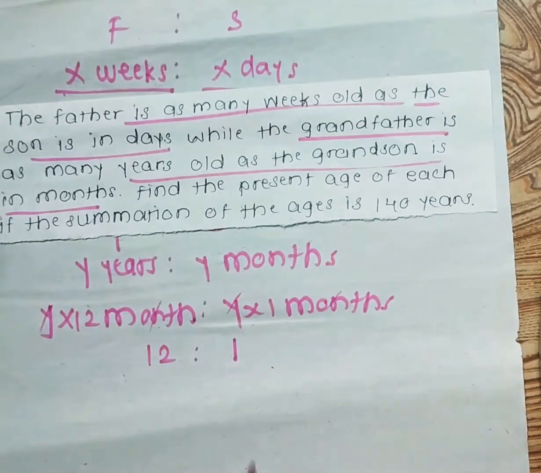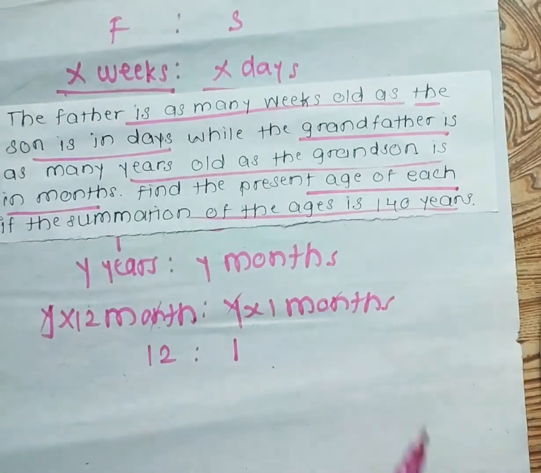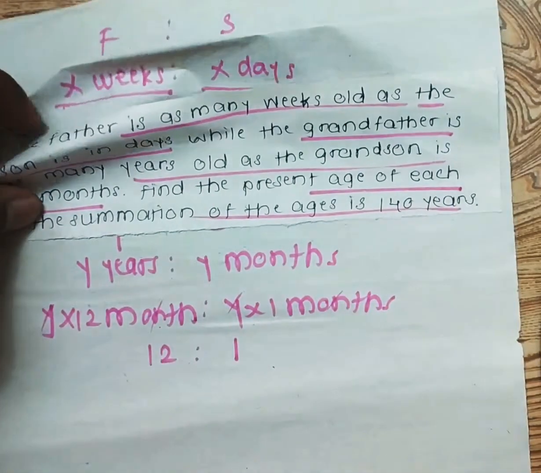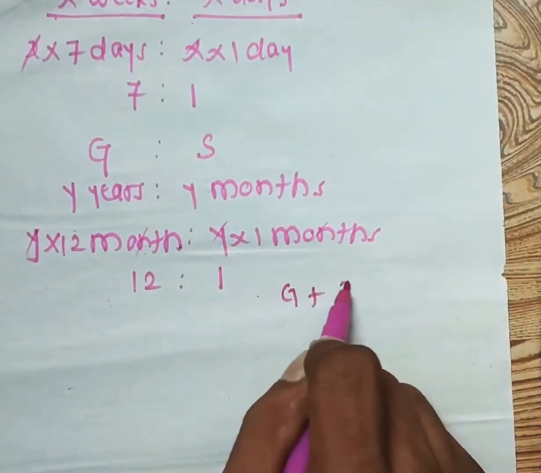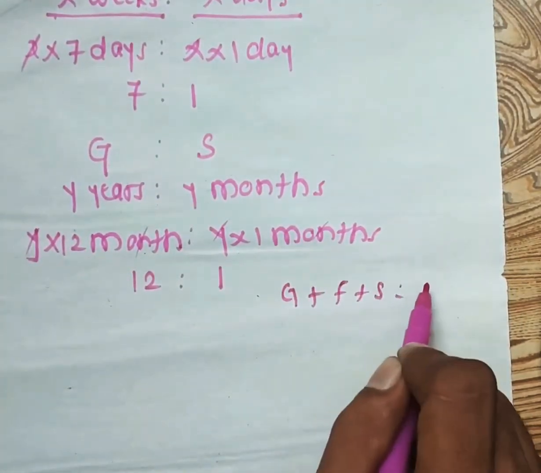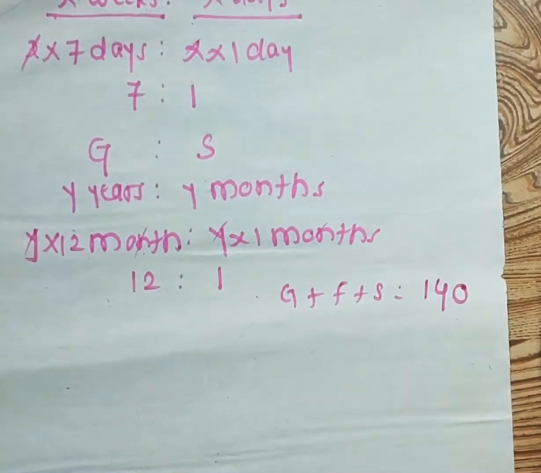Next part is, find the present age of each if the summation of their ages is 140 years. The summation of their ages is 140 years. Means what? Grandfather plus father plus son is equal to 140.